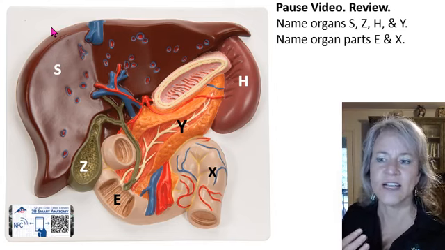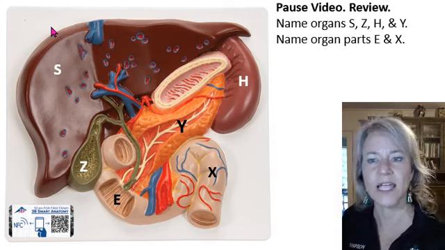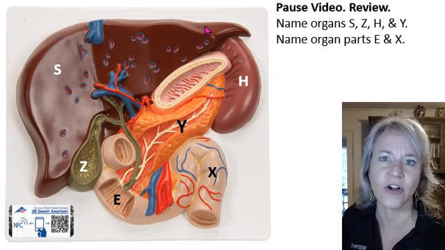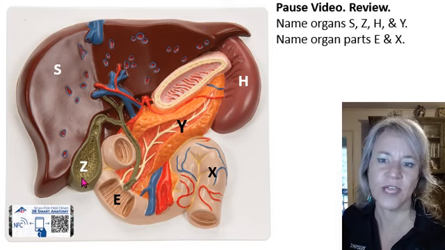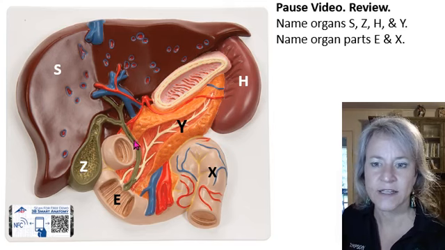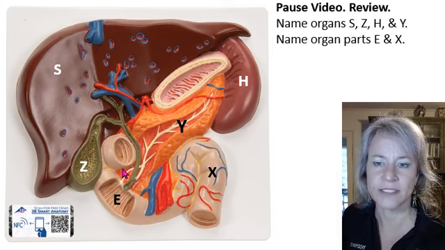Okay, so this is that whole concept of applying what you've learned. If you can figure out that this is the liver, then you would know that this is the gallbladder, and that's going to be the duodenum. This is the head of the pancreas. That's the bile duct.